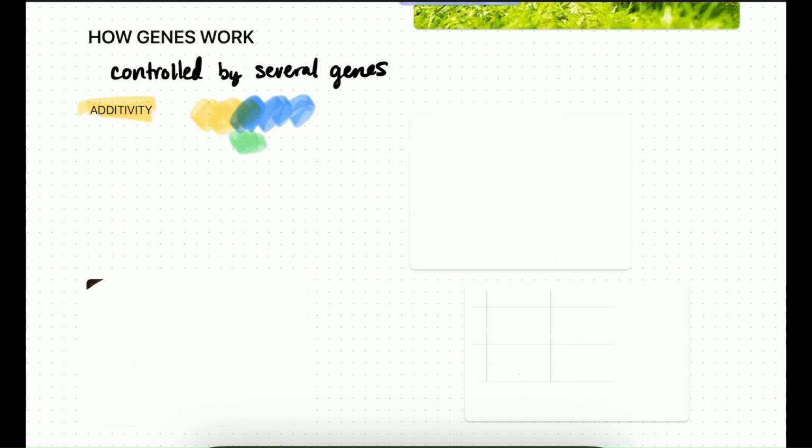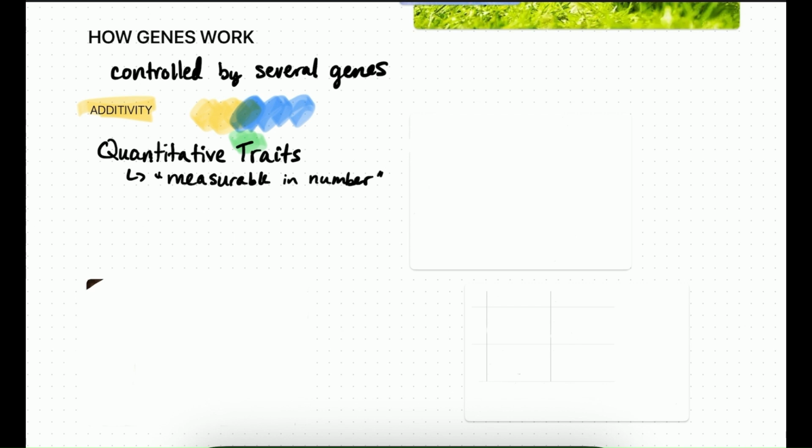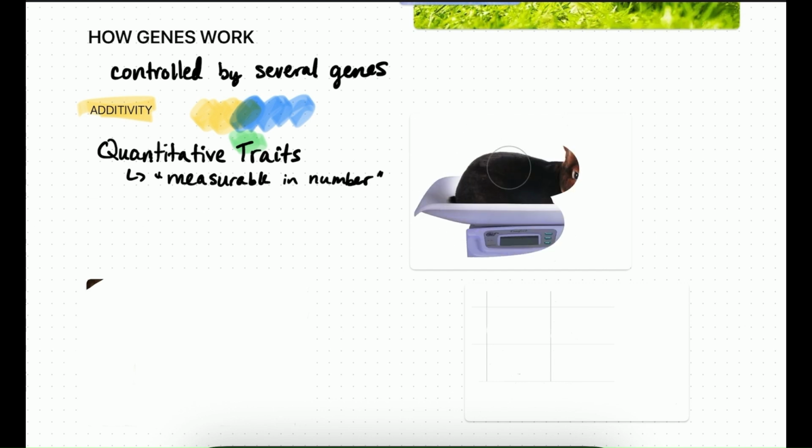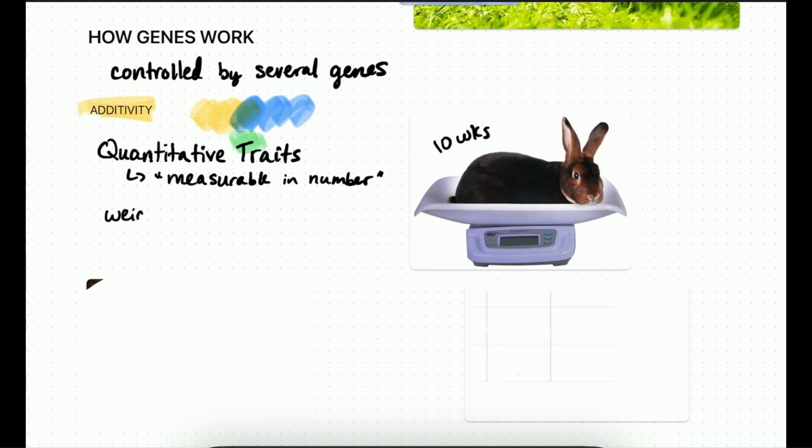Genes with alleles in additive relationships play large roles in what we call quantitative traits, those that are quote-unquote measurable in numbers. An example of a quantitative trait is a rabbit's body weight at 10 weeks. The weight of a rabbit depends on its genetics and contributions from its environment, such as feed quality and how many litter mates it has.